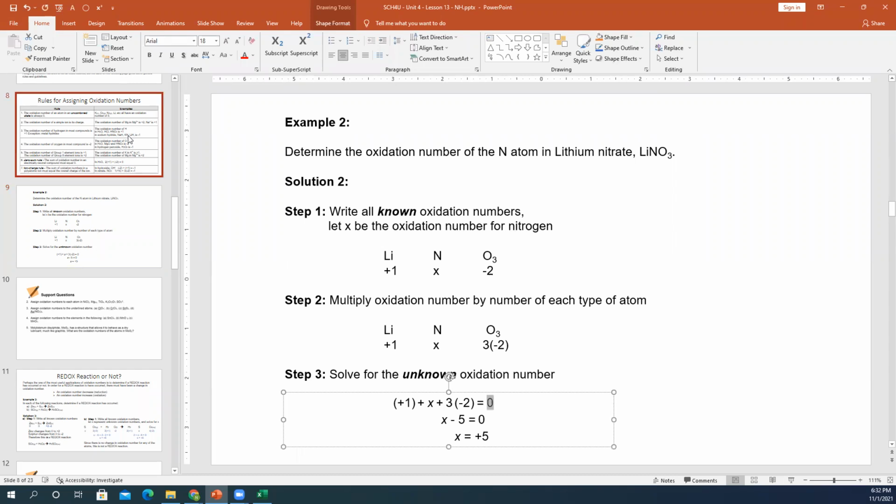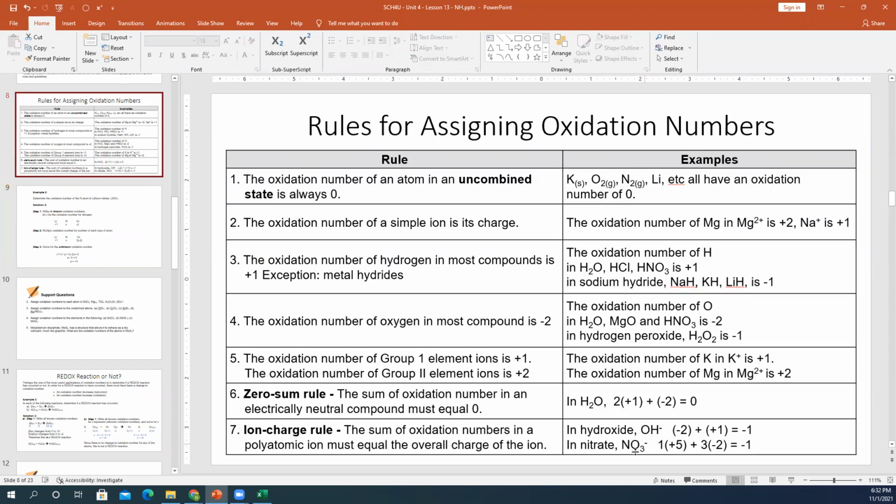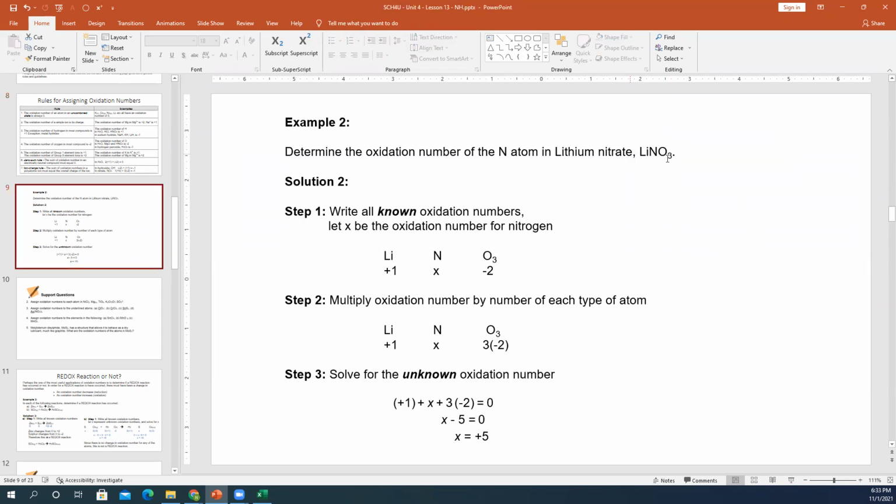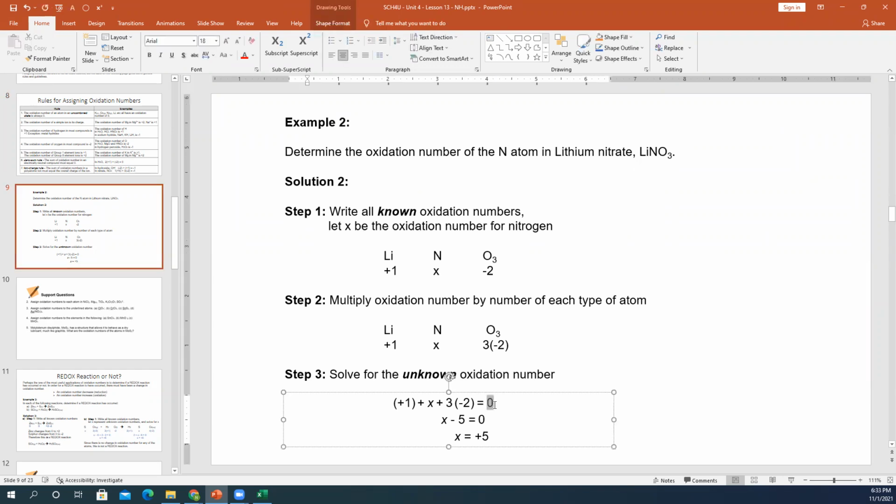Remember, if this molecule was something like a nitrate or a hydroxide, something that has a charge on it, a -1 for example, or a +2 or what have you, then it has a charge on it. But in this case, lithium nitrate is neutral. There's no charge on it. So all the oxidation numbers, once you add them up, have to add up to be neutral, to be 0.